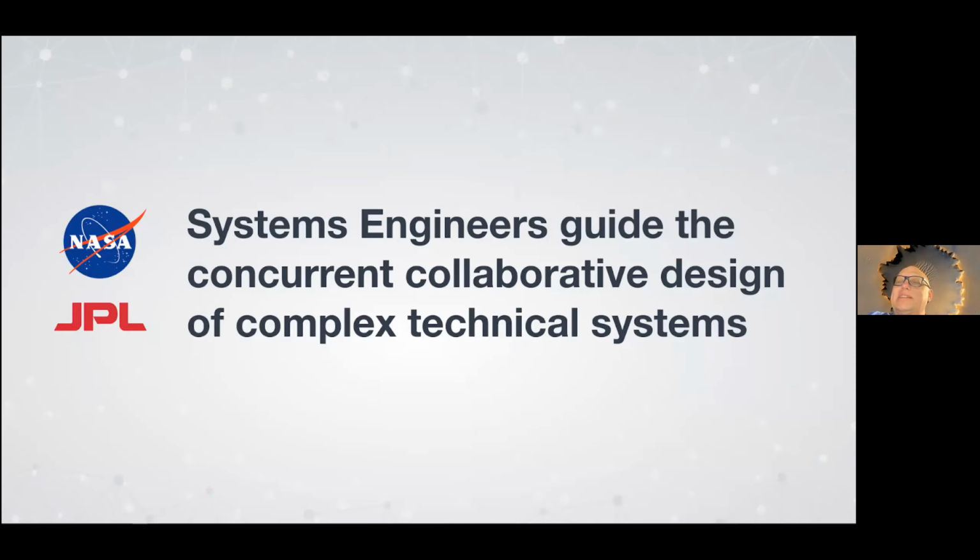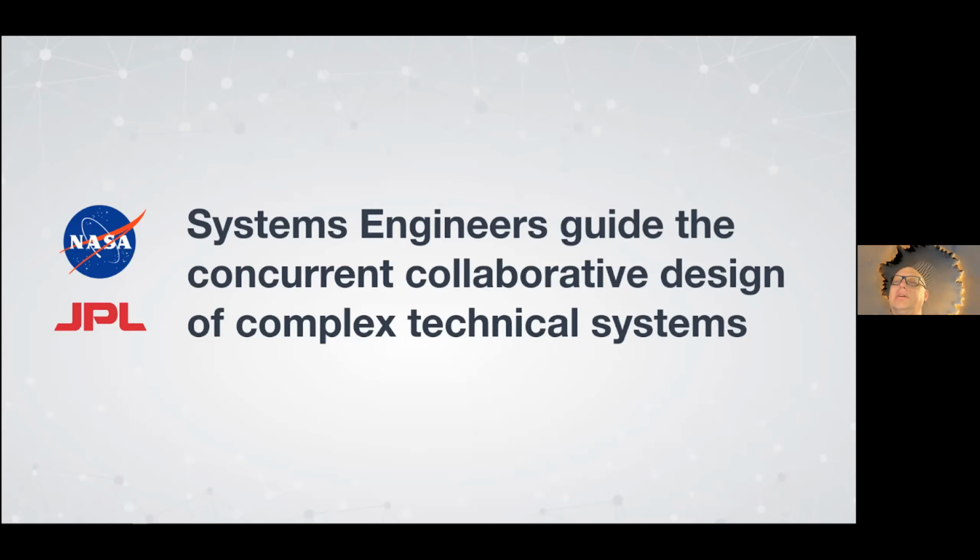So systems engineers are the key focus of this environment, and focusing on what they do. And today at JPL and other places, systems are complex, and there's ever more collaboration associated with building them. And systems engineers in particular are tied up in this because of its interdisciplinary nature.